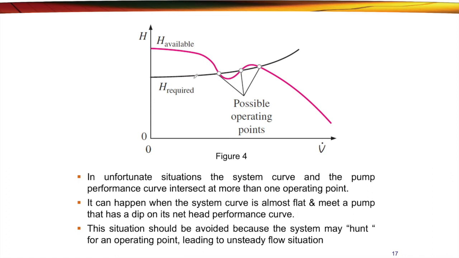Then that flat system curve will have a different H available, the point of intersection between the H required and H available. So please avoid these kinds of intersection, three points of interception. This situation should be avoided because the system may hunt for an operating point, leading to an unsteady flow situation.